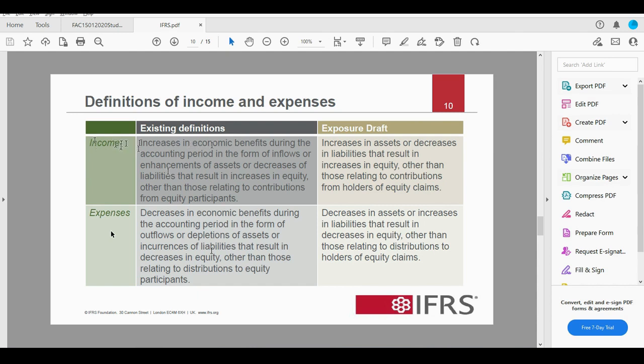Income is increases in economic benefits during the accounting period in the form of inflows or enhancements of assets or decreases of liabilities that result in increases in equity, other than those relating to contributions from equity. Okay. What basically this is saying is that your income increases your economic benefit.